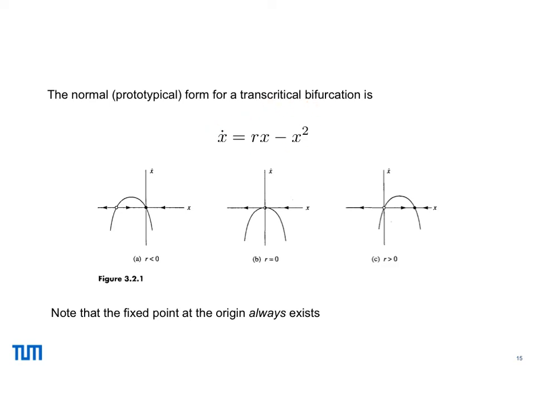Just remember, before we didn't have this x, now this x is here. And again, you can put a window on the function describing your system and see if it's well described by this function, and then you can see what kind of bifurcation your system is exhibiting.